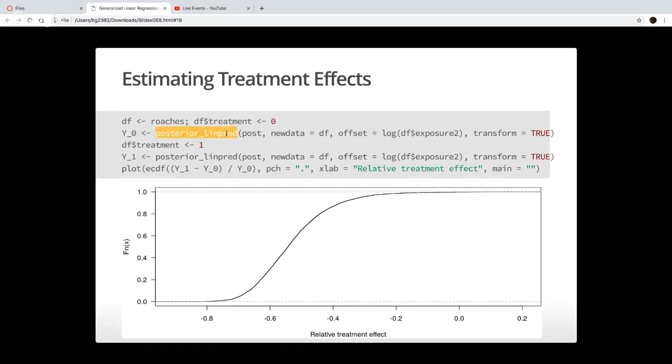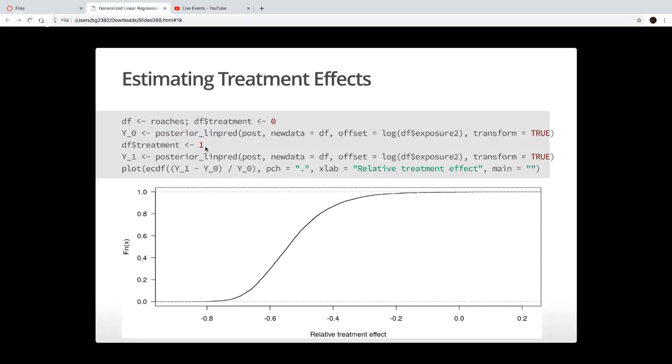Obtain the distribution of mu under our posterior distribution with the posterior_linpred function, which gets the linear predictor and then transforms it into the conditional mean. So that's what we would predict for the conditional mean if all of the buildings were under control.